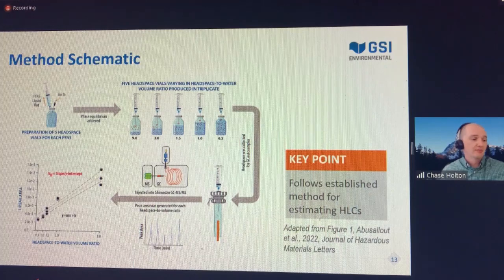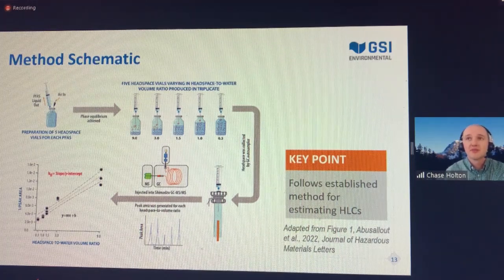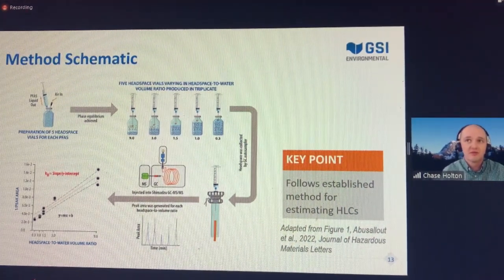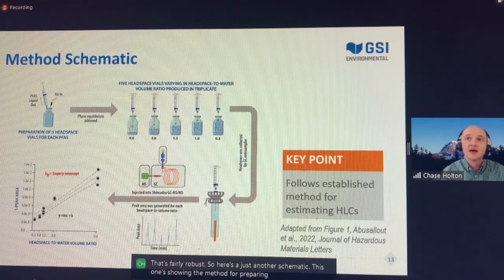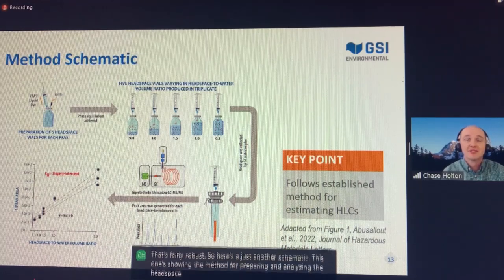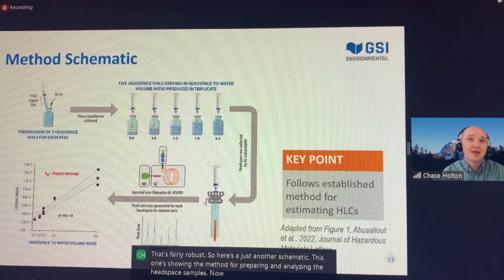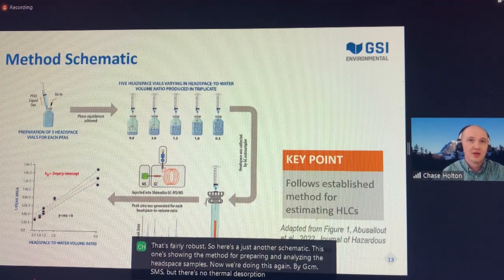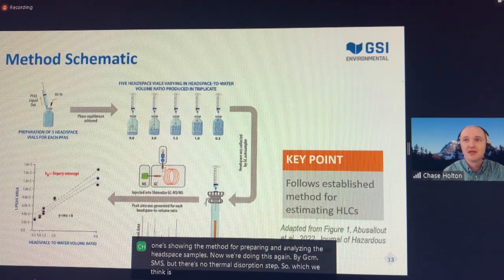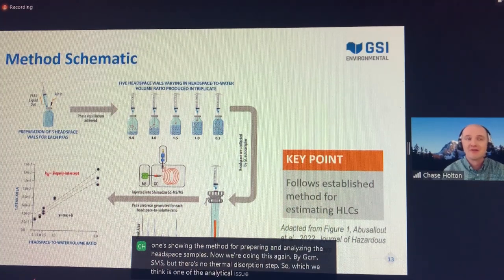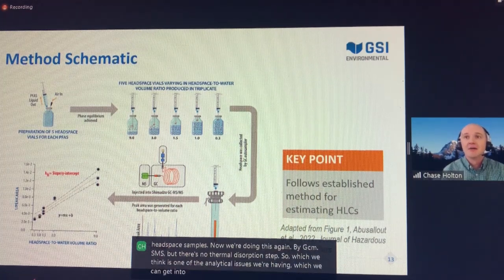Here's just another schematic. This one shows the method for preparing and analyzing the headspace samples. We're doing this again by GC-MS, but there's no thermal desorption step, which we think is one of the analytical issues we're having, which we can get into later.